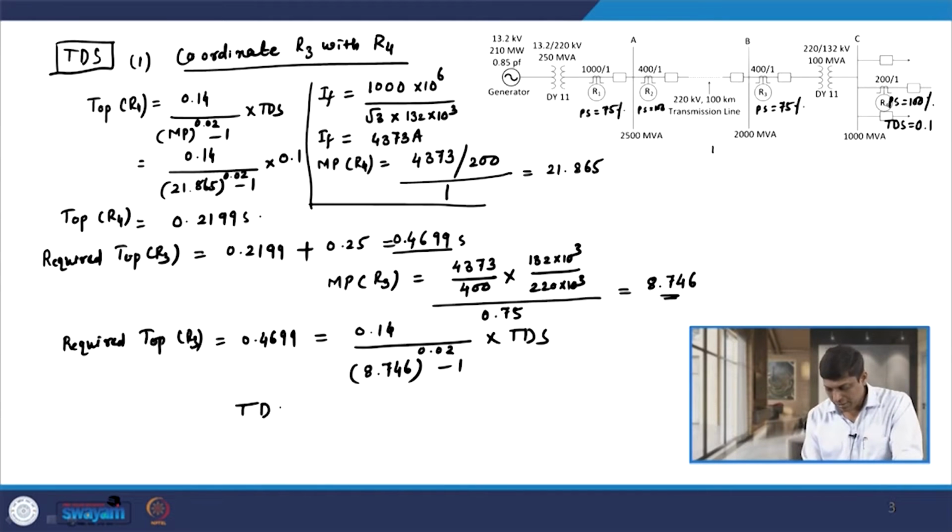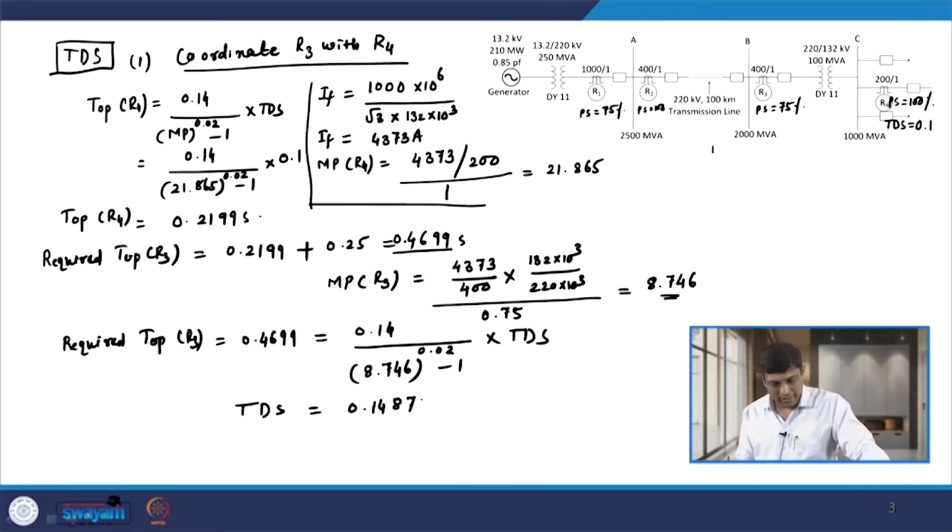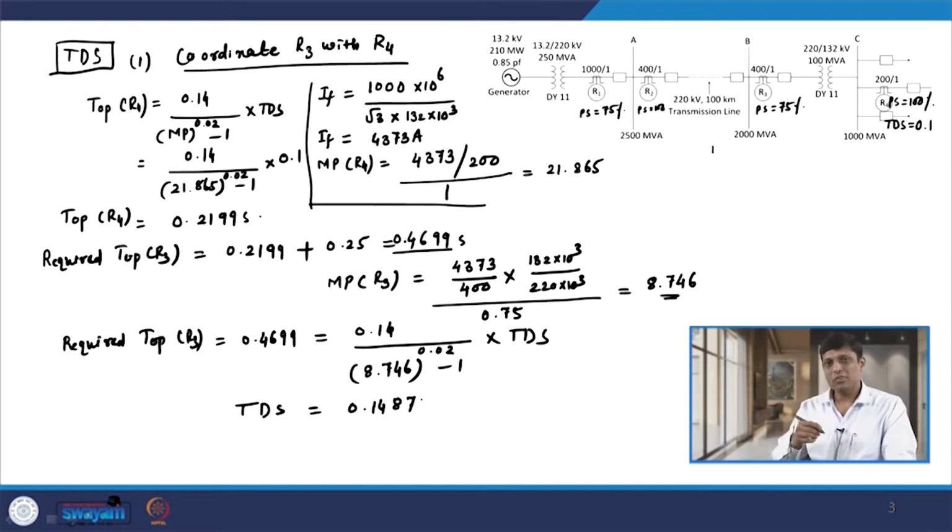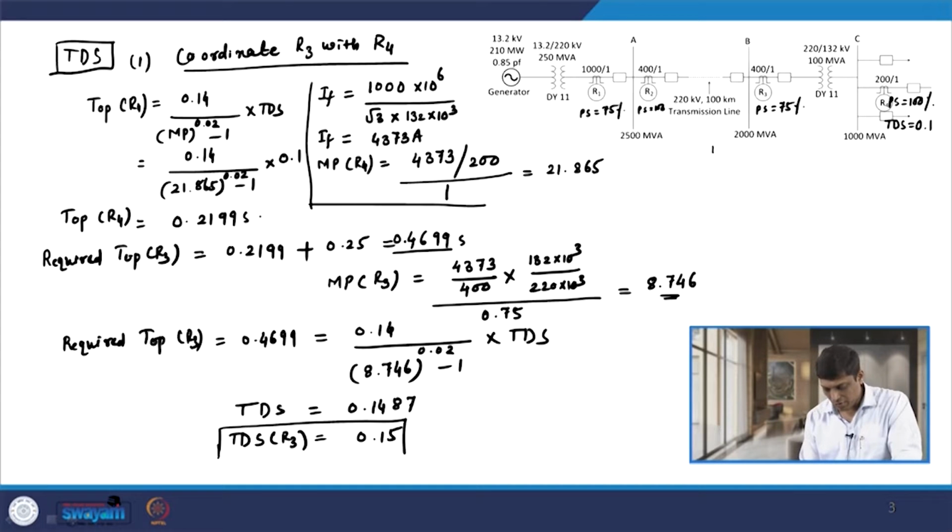If you solve this, we have TDS equal to 0.1487. Now, as I told you, the time range of TDS is 0 to 1 second in steps of 0.05. So the value higher than 0.1487 that is available is 0.15. So, TDS of R3 we can select as 0.15.